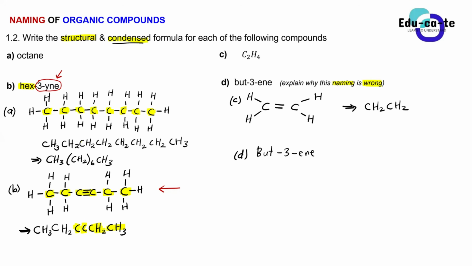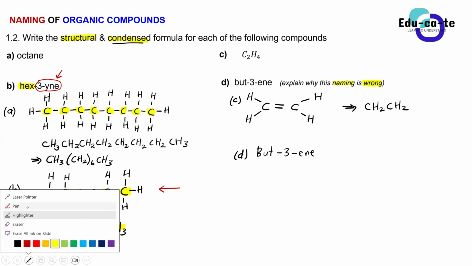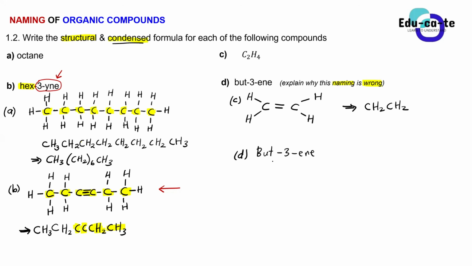Let's hear Bandisel. So I draw the structural formula. I said C, triple bond C, then C, C. Okay, wait. I started from the left to right.